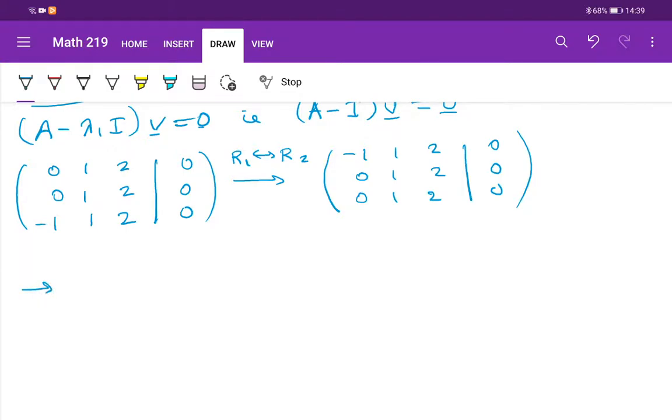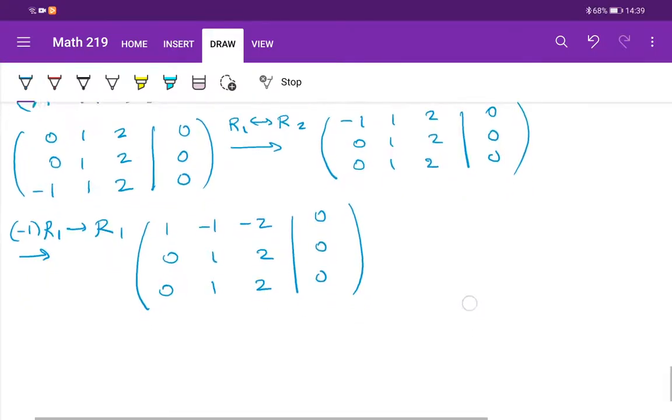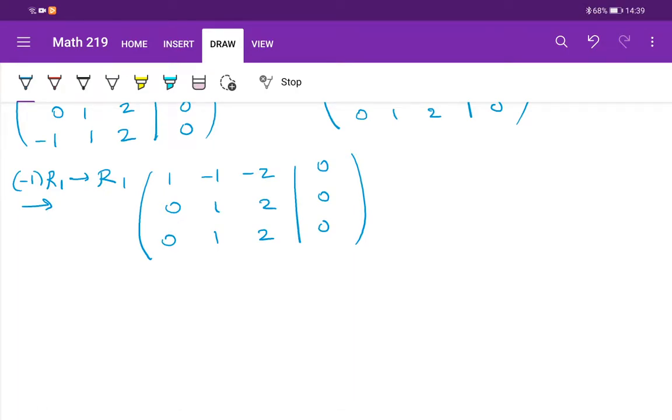And we proceed like this. Then you multiply row 1 by minus 1. So you get 1, minus 1, minus 2.